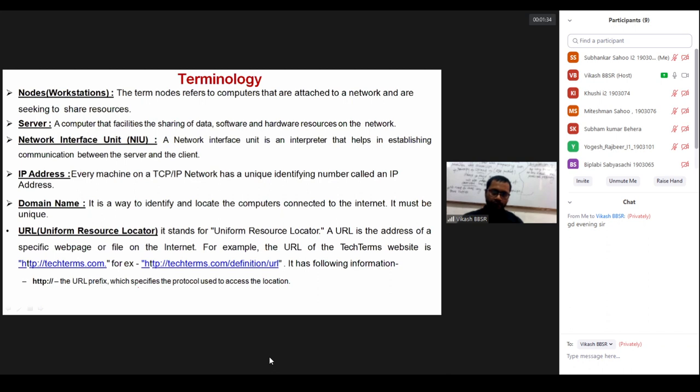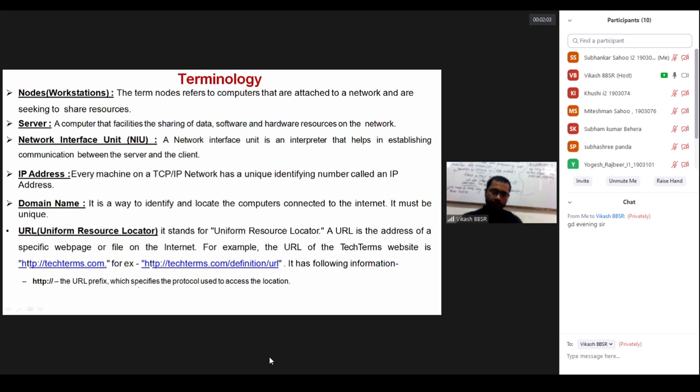Okay. So last class we discussed the terminology we'll use. When a system is not attached to any network, that system is called a computer.